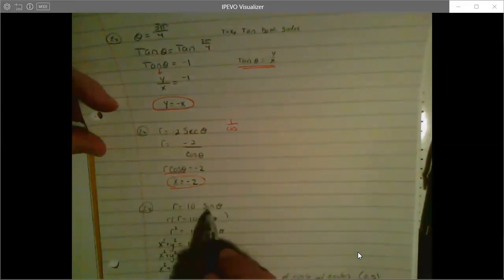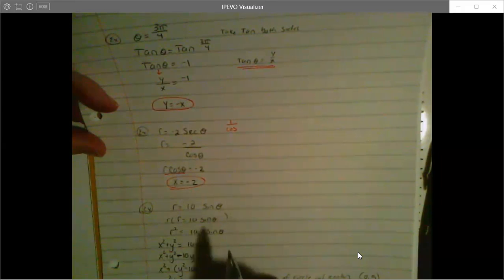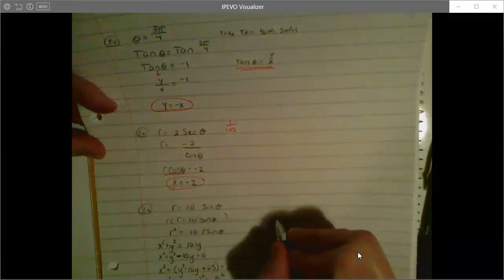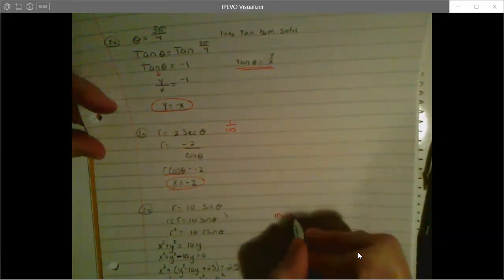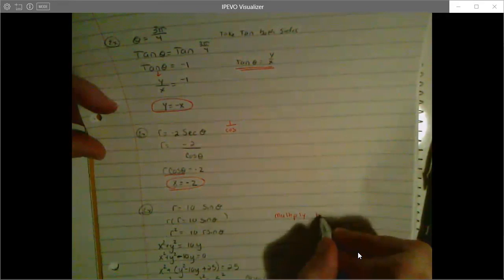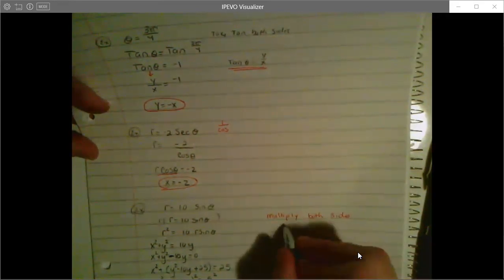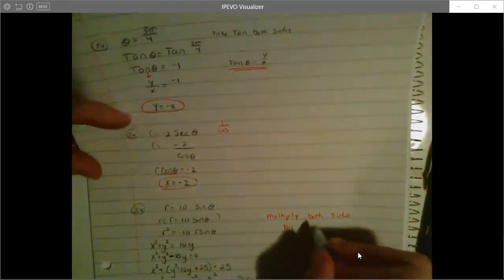All right, the next one, we have r equals 10 sine theta. I'm going to multiply both sides by r, so it's a little bit different from the first one. And when I do that, I get r squared and 10 times r sine.